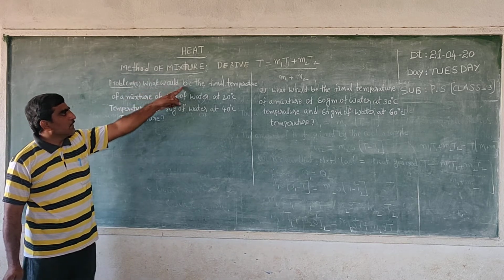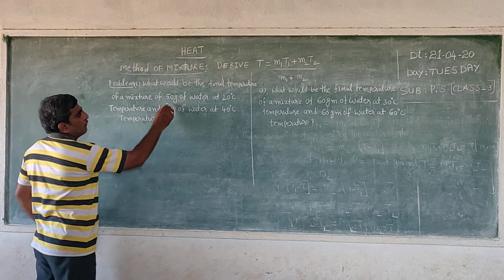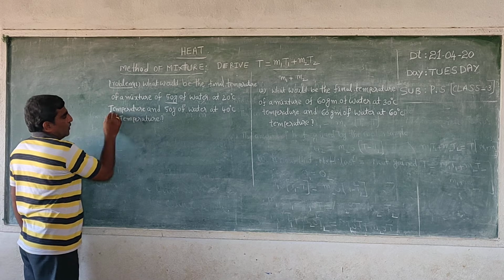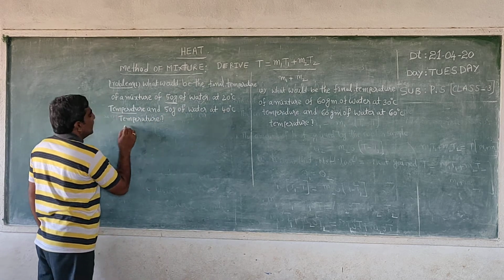What would be the final temperature of a mixture of 50 grams of water at 20 degrees Celsius and 50 grams of water at 40 degrees Celsius?